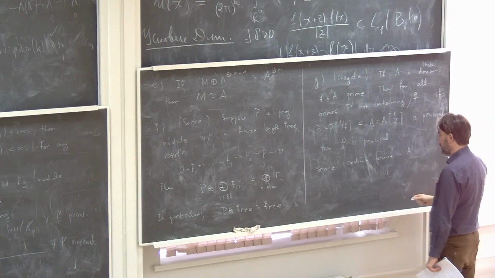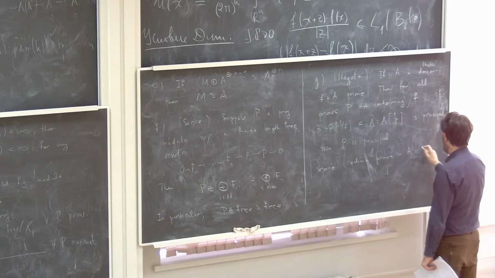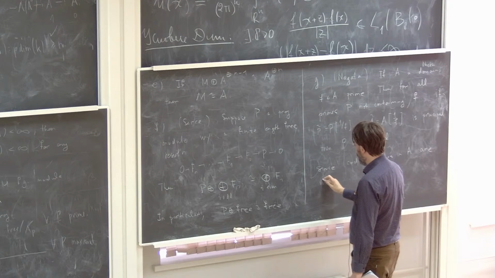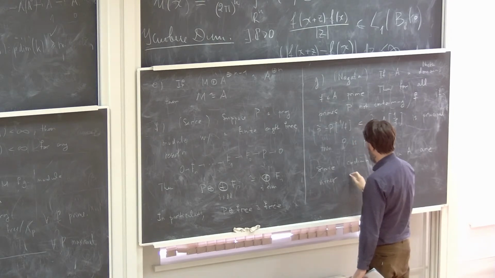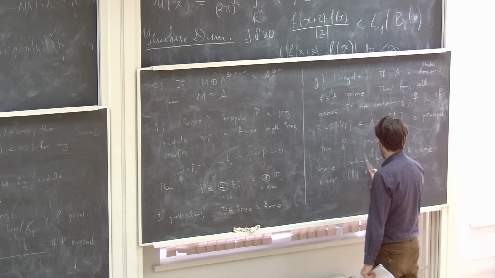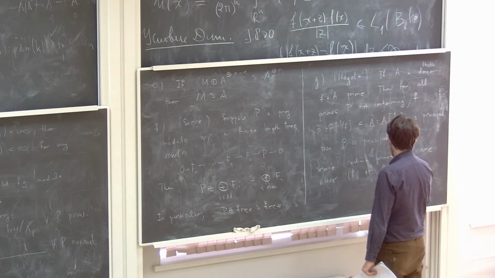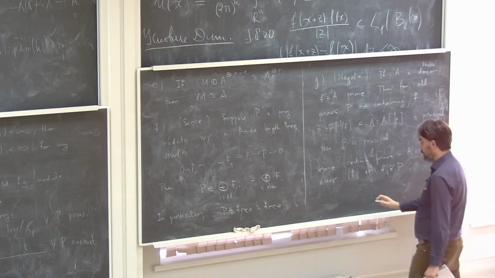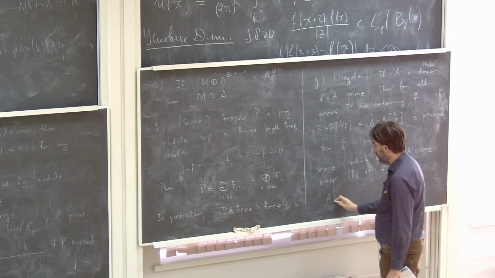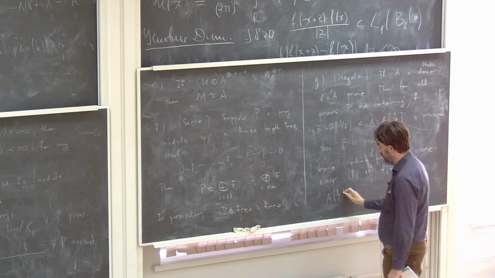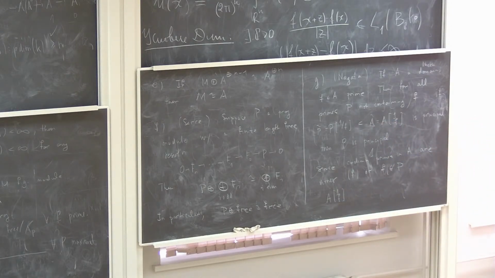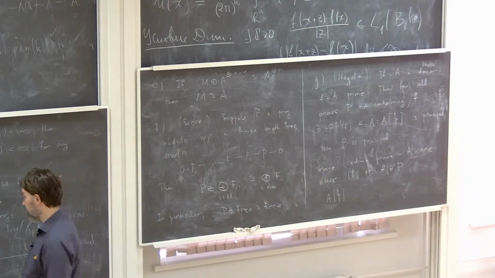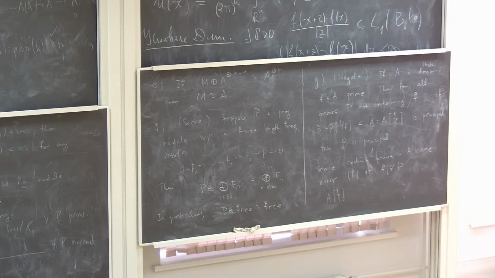So since the codimension 1 primes in A are either F or a P not containing F, this means that if this localization is factorial, then this other fact over here says that happens if and only if all the codimension 1 primes are principal.